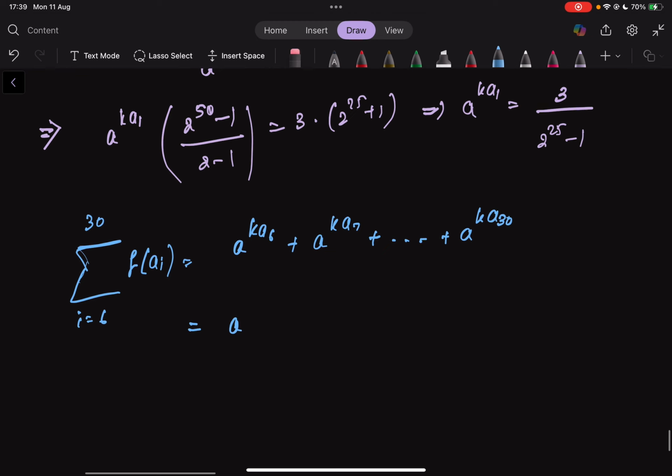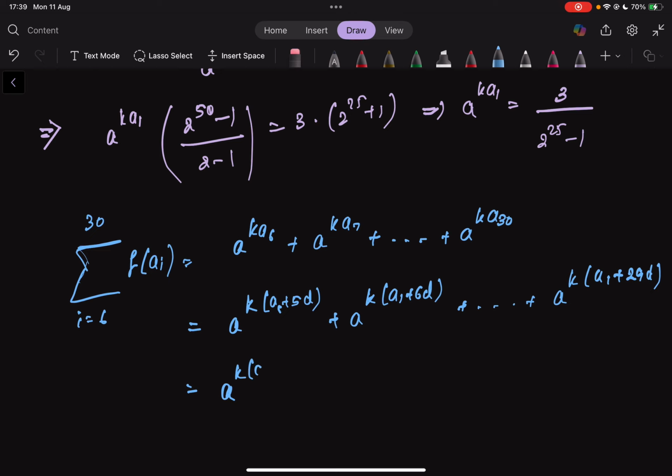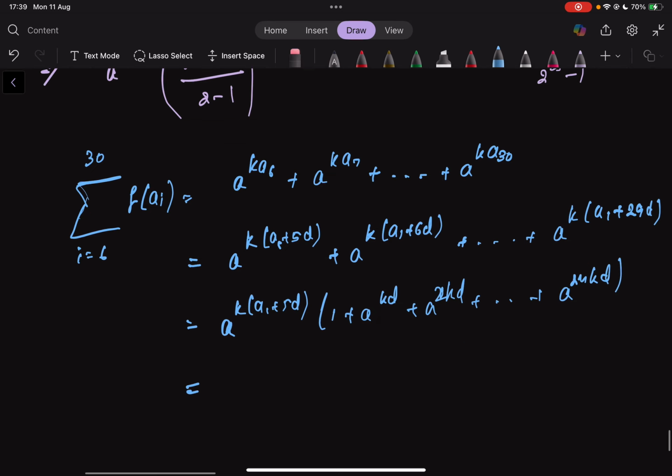So if I take a to the power k a6 common, we can again do the same thing: a to the power k times a1 plus 5d plus a to the power k times a1 plus 6d plus and so on up to a to the power k times a1 plus 29d. So if I take a to the power k times a1 plus 5d common, this is 1 plus a to the power kd plus a to the power 2kd plus and so on. We'll be left with a to the power 24kd.